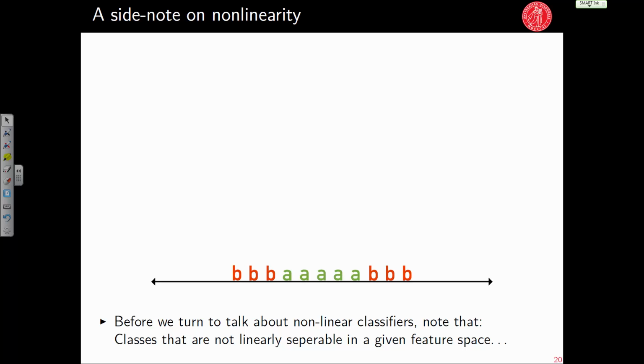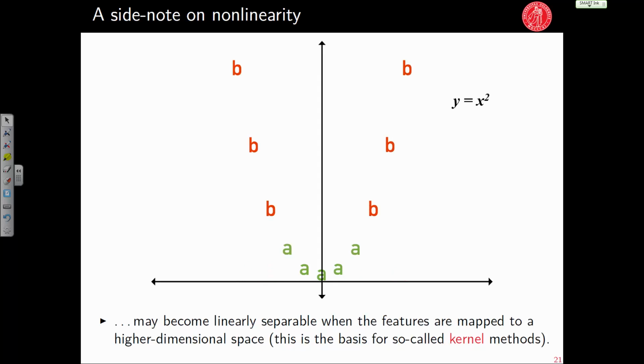But we are able to actually make classes A and B linearly separable by projecting them, or mapping them, to a higher space. So here we are in a one-dimensional space, but if we map the points to a higher space, a two-dimensional space, then we are suddenly able to draw a line here that separates the two classes.